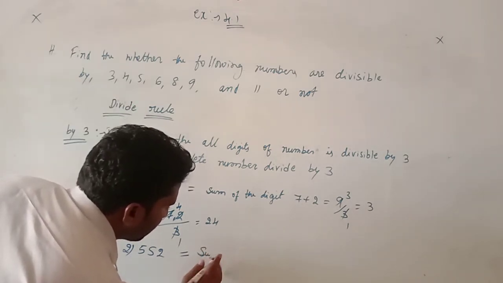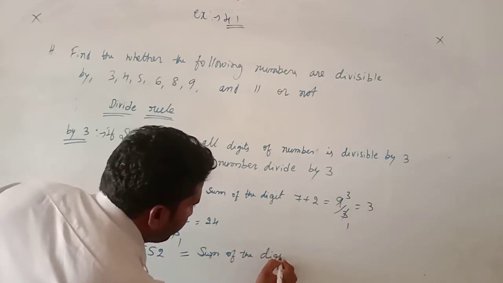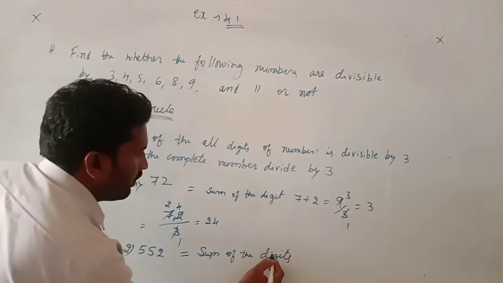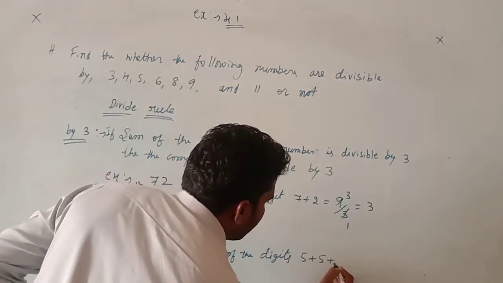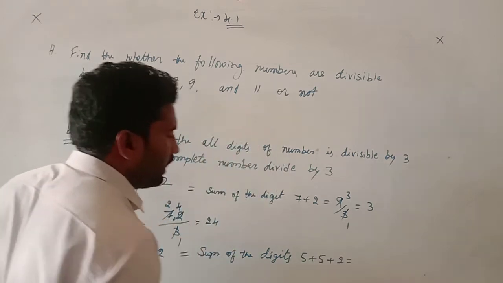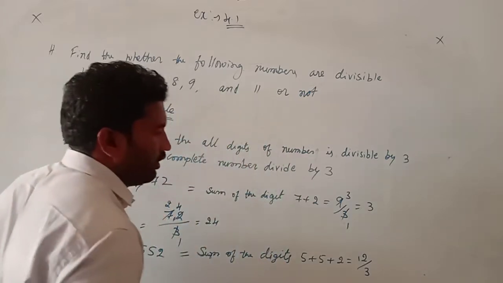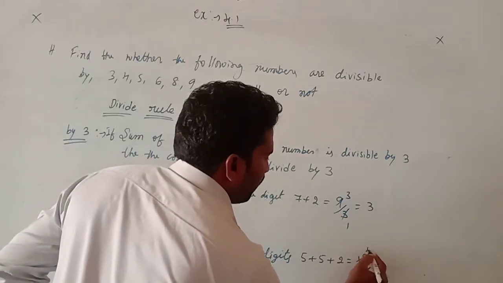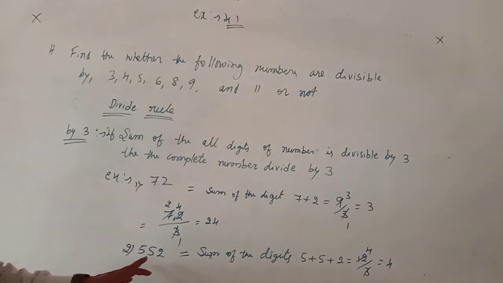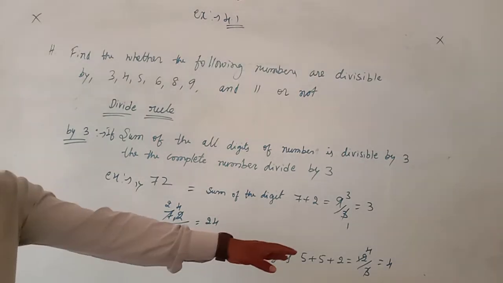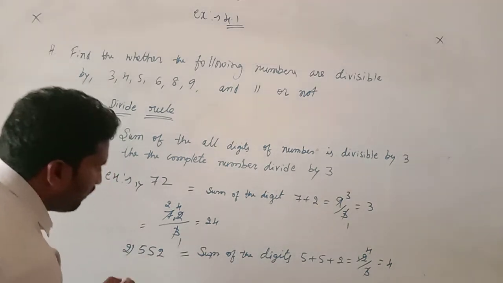The sum of the digits is 5 plus 5 plus 2, which is 12. 3 fours are 12. So the sum of the digits 12 is divisible by 3, so the number should be divisible by 3.